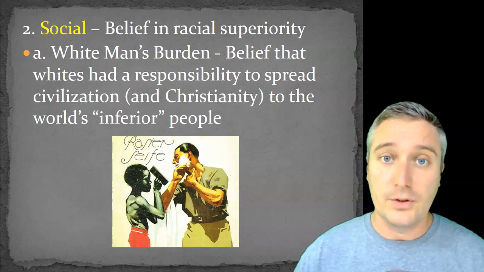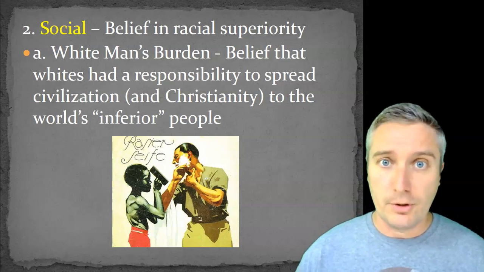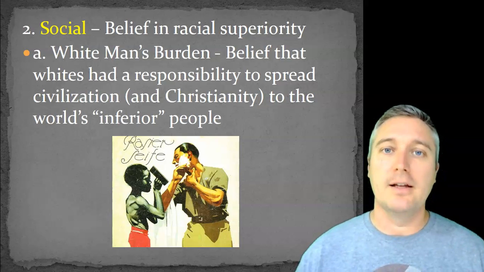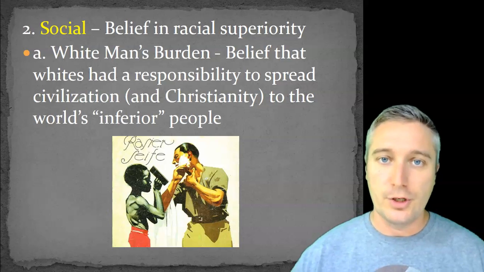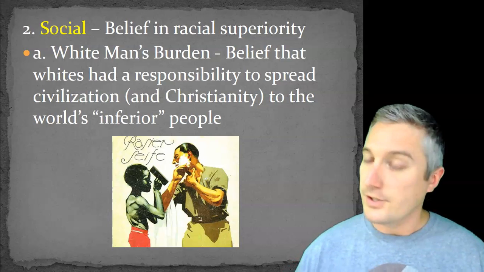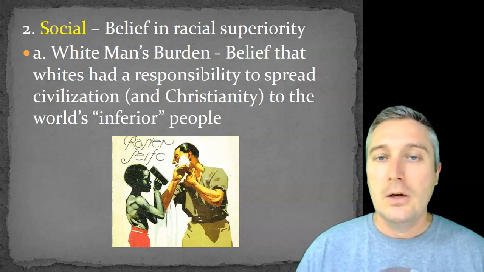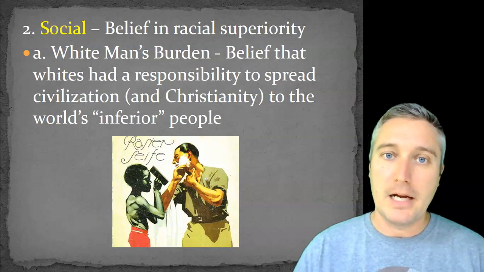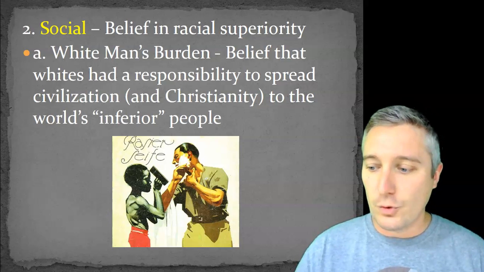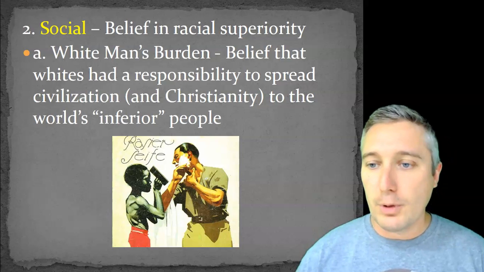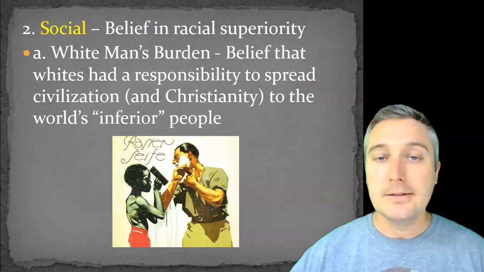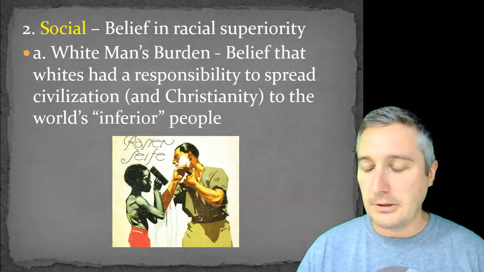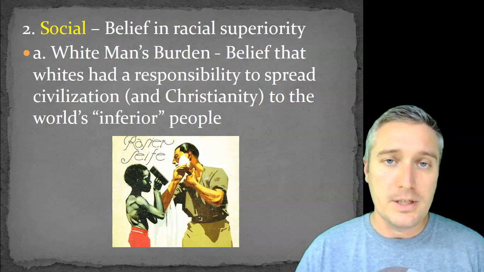I mean, it is dealing with issues of white superiority, saying it's our burden to go in and spread civilization, to take the light to the darkness. And we saw this already in our first unit with Westward Movement and Manifest Destiny, that Americans were destined to do this. So they're bringing with them technology. They're bringing with them things like religion, Christianity in particular, to people that they deem to be inferior.